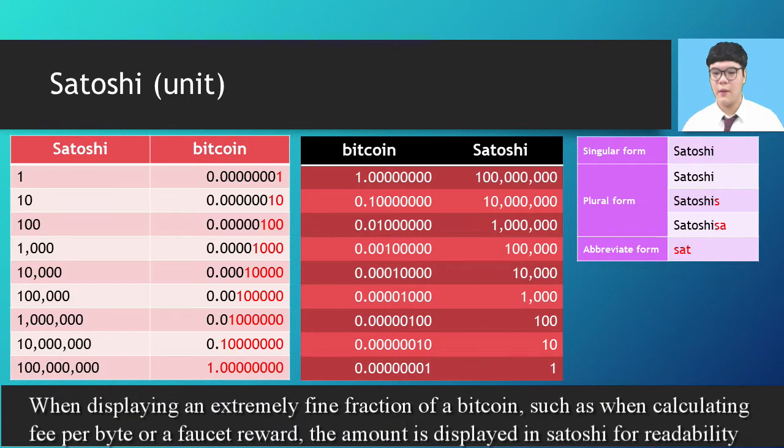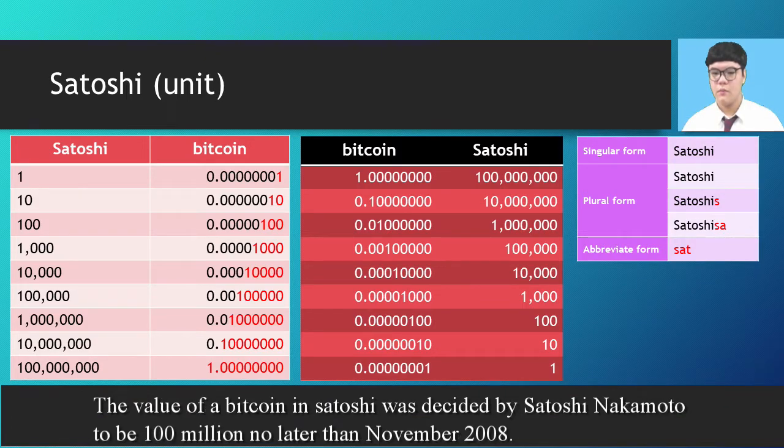When displaying an extremely fine fraction of a Bitcoin, such as when calculating fee per byte or a faucet reward, the amount is displayed in Satoshi for readability. The value of a Bitcoin in Satoshi was decided by Satoshi Nakamoto to be 100 million no later than November 2008.